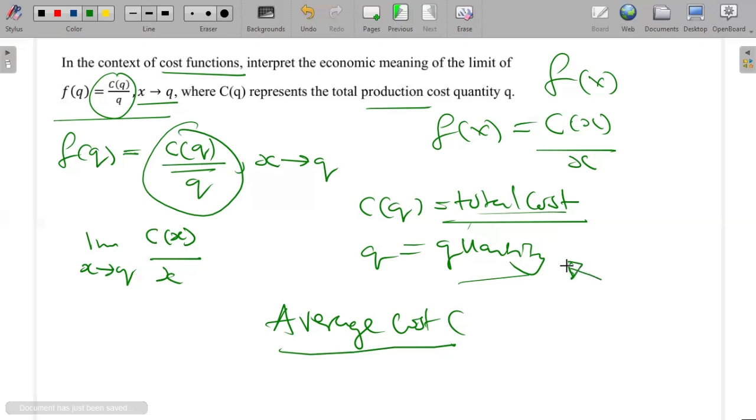If you produce these quantities and it costs you this, then your average cost is what the limit as x approaches q would also interpret. Okay, I don't know if that was heard.